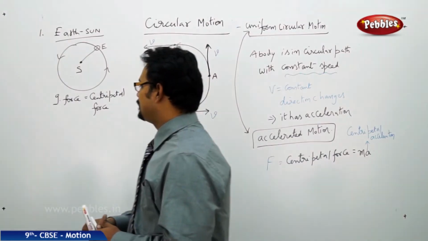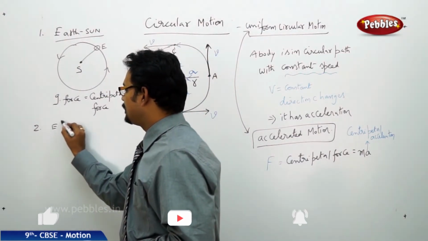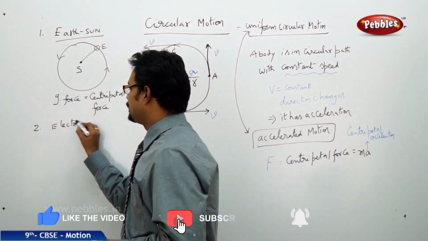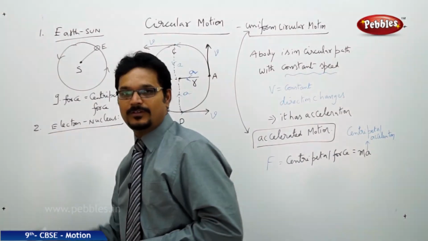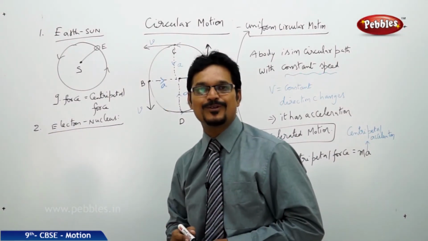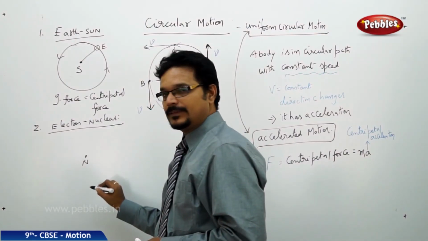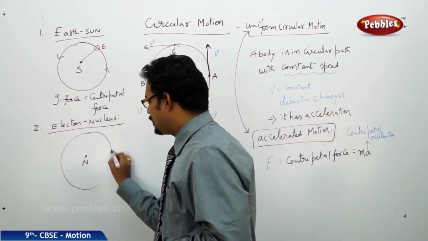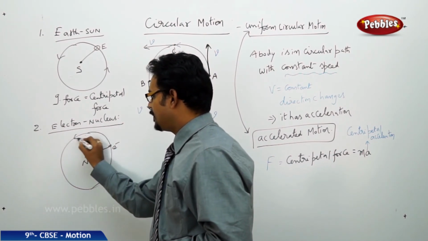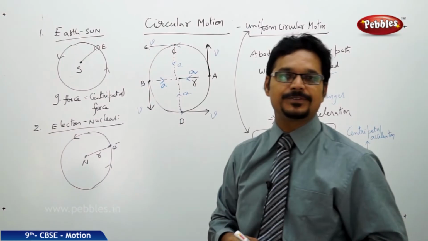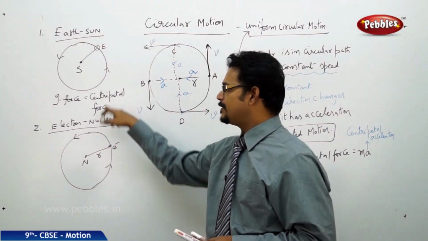Now, second example: electron nucleus system. Just go back to your atomic models, what you learned in your classes. Around the nucleus you have an electron revolving around it. It is also circular motion. It is also because of centripetal force.